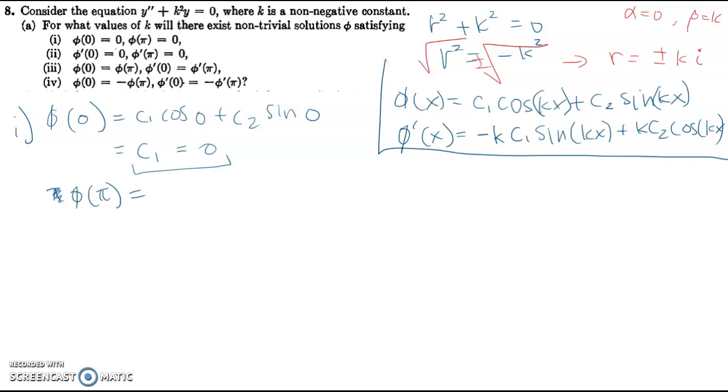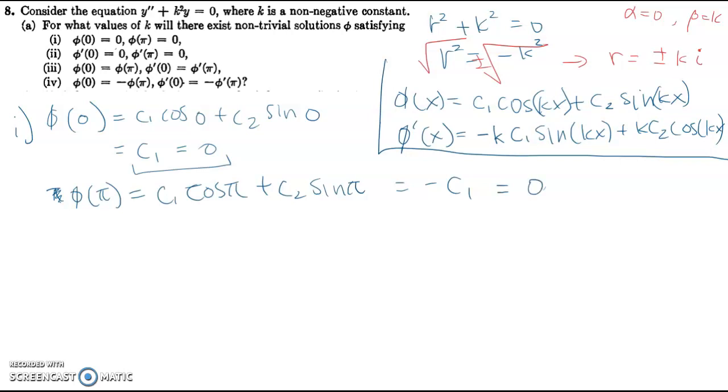Now let's plug in pi, so we have C1 cosine of pi plus C2 sine of pi. Cosine of pi is a negative value, so this is negative C1. Sine of pi is also 0, so that disappears, and that gives us 0.